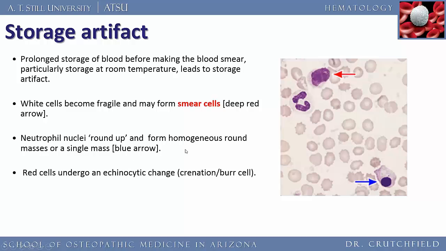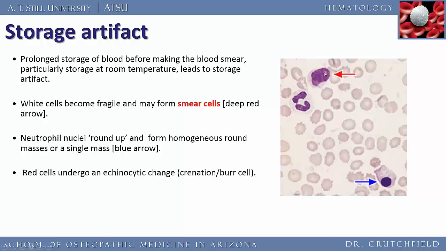And then when we look at this neutrophil here, we see that like I said, the nuclei has rounded up like in a ball, whereas they're saying that this, and I'm sorry I made a mistake earlier, this is a smear cell.